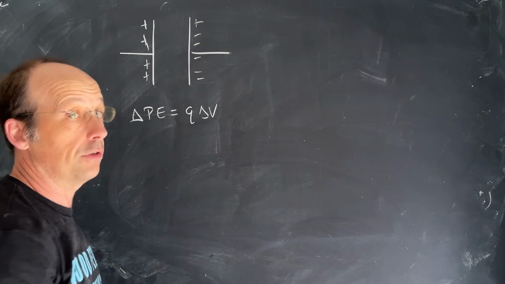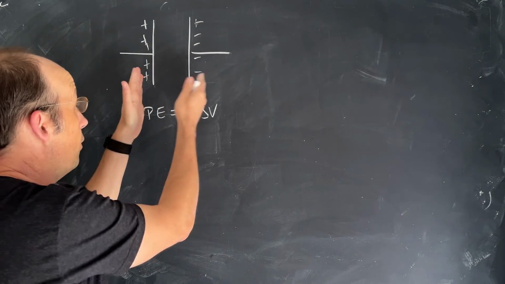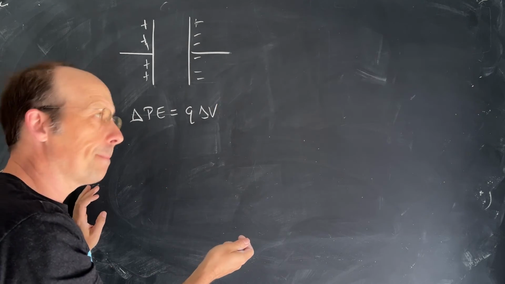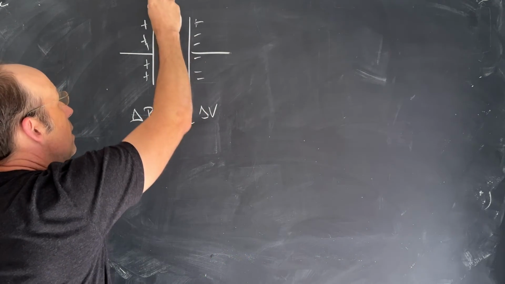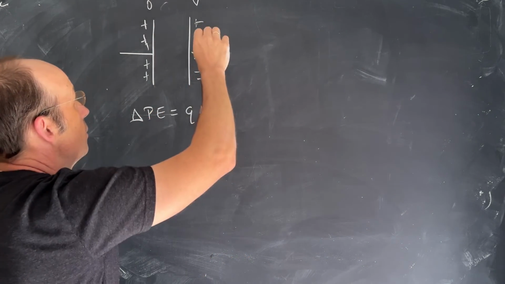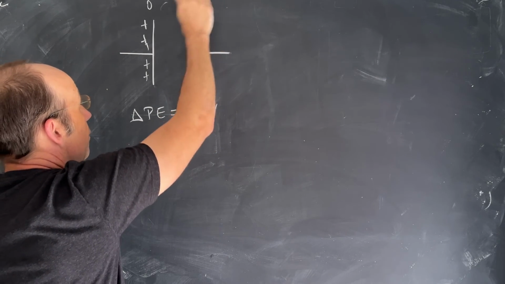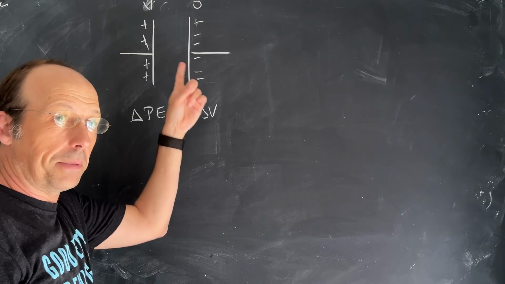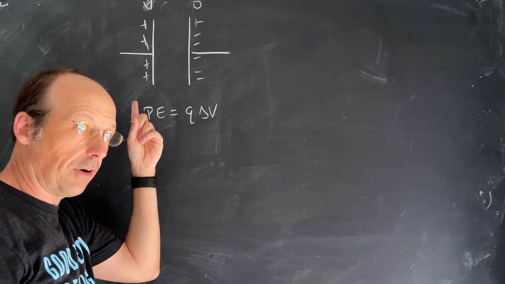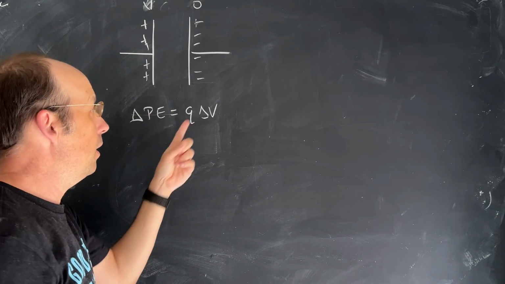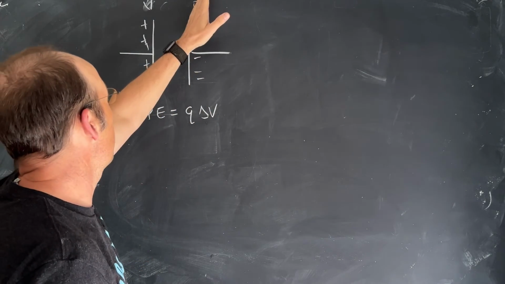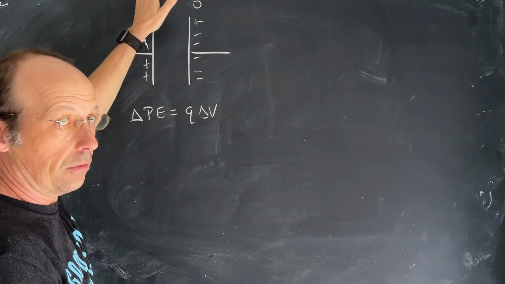That's a change in potential energy going from one end to the other. But what's the change in potential? You could say, oh, the change in potential is V. Well, this side is 0 and that side is V. So the potential across there is 0 to V. So the change in potential is really going to be half of that value.